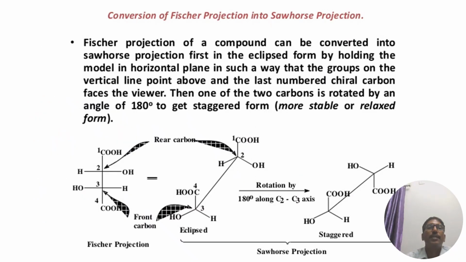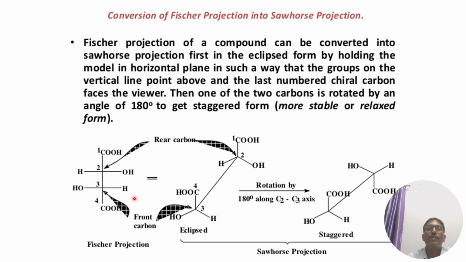Next, let's see how we can convert from one projection into another projection. A good example here is Fischer projection into Sawhorse projection. The Fischer projection of a compound can be converted into Sawhorse projection first in the eclipsed form by holding the model in a horizontal plane in such a way that the groups on the vertical line point above and the last numbered chiral carbon faces the viewer.